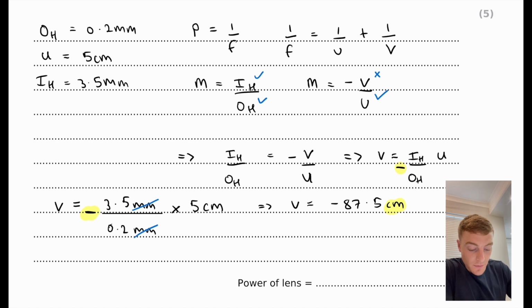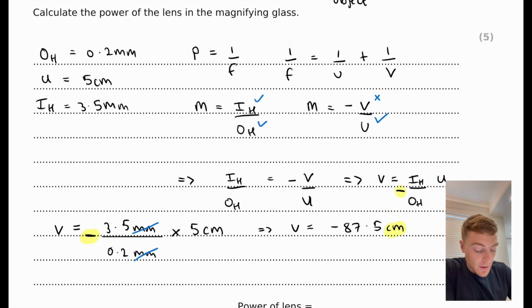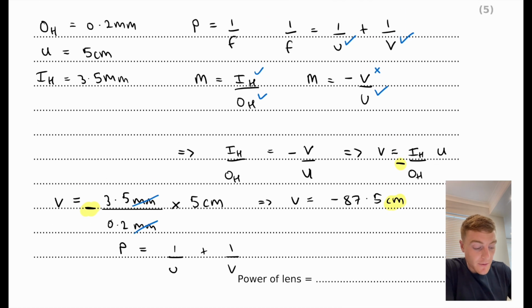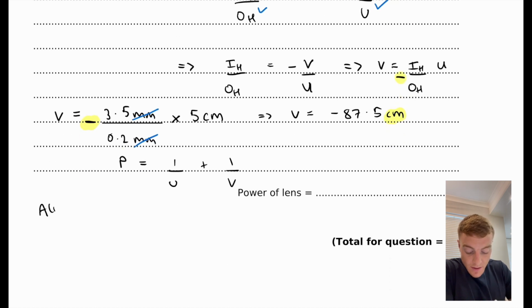Okay, well that's helpful. Now in my formula for power, I can see that I've got U, I've got V, so I can definitely find power. So my power is going to be equal to 1 over U plus 1 over V. Now let's not forget, we always need to convert to meters when using the power equation.